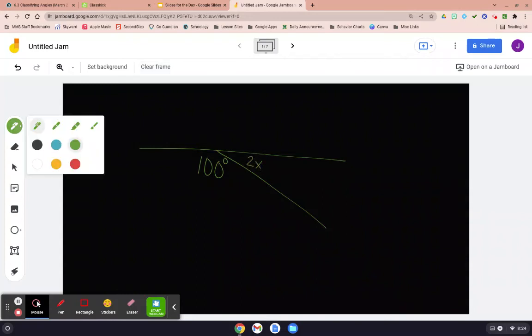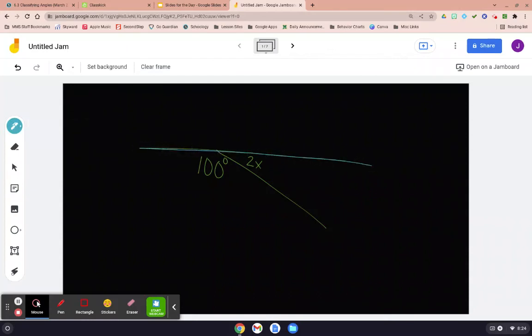All right, so what if we are given a problem like this? So what if this was 100 degrees and this is 2x? Okay, so we need to figure out what can we set it equal to. Well, this is a straight line, which means it's 180 degrees.